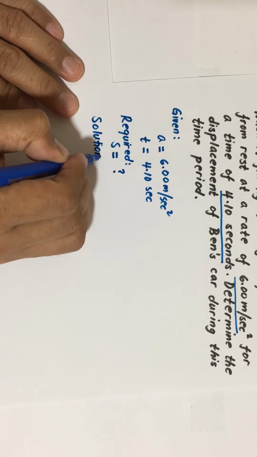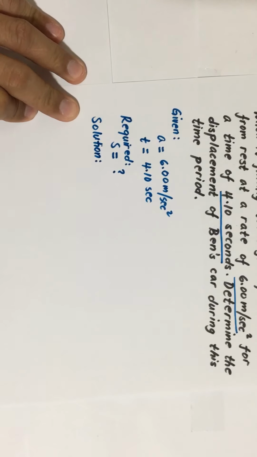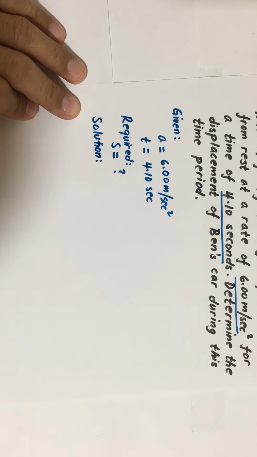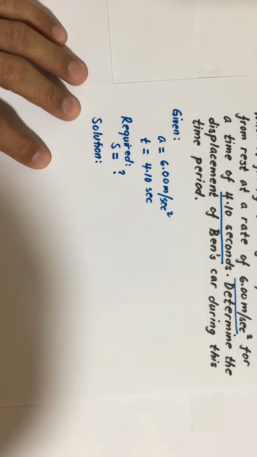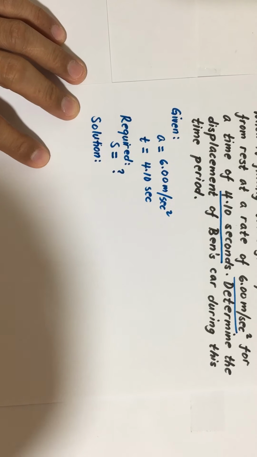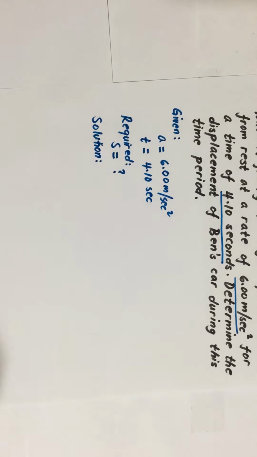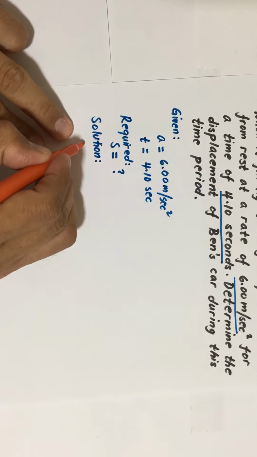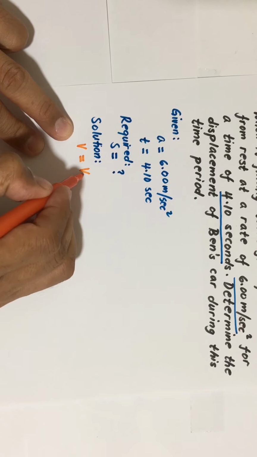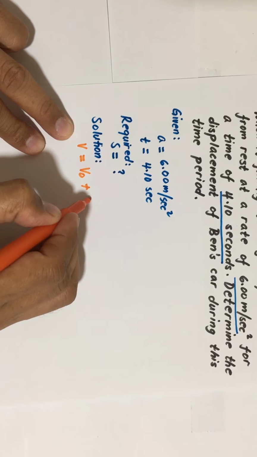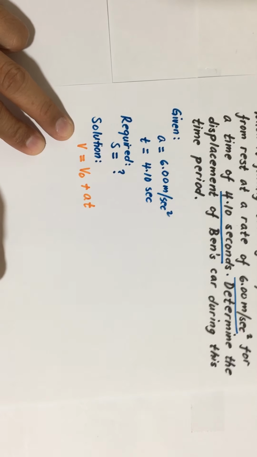Okay, so for our solution, which of the formulas? We just define first the formulas that were given in our previous video. Final velocity is equal to the initial velocity plus acceleration times time.